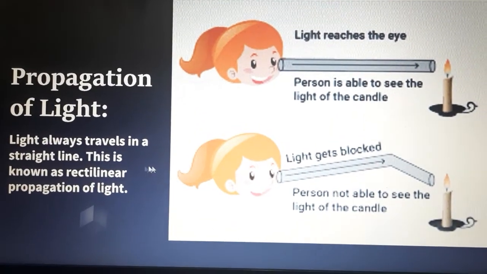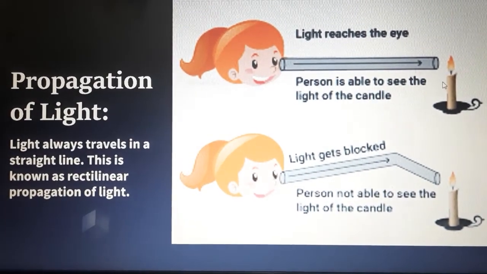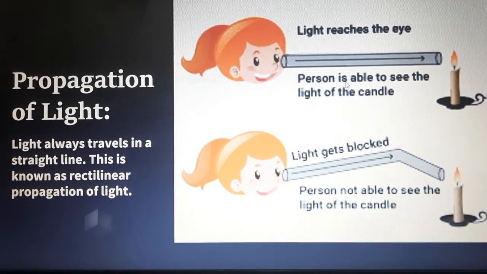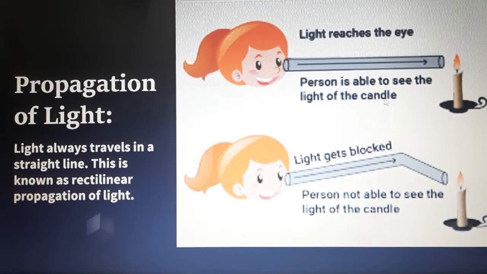So in this diagram you can see the girl is looking at the candle through a straight pipe. Then she is able to see the candle. Person is able to see the light of the candle.